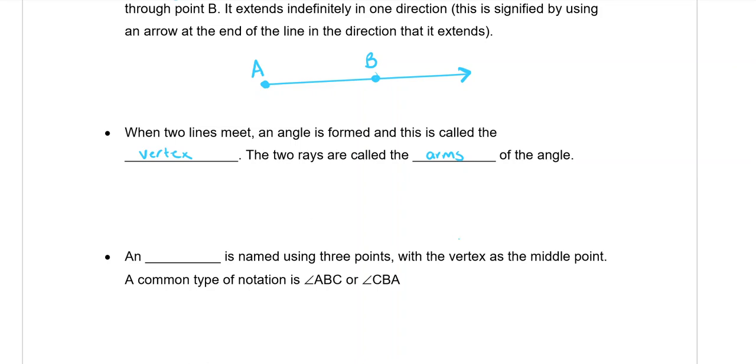So if I have a line, or a ray I should say, there's one ray and another ray coming out in the other direction, then this point where they're meeting is called the vertex, and each of these rays are also called arms.